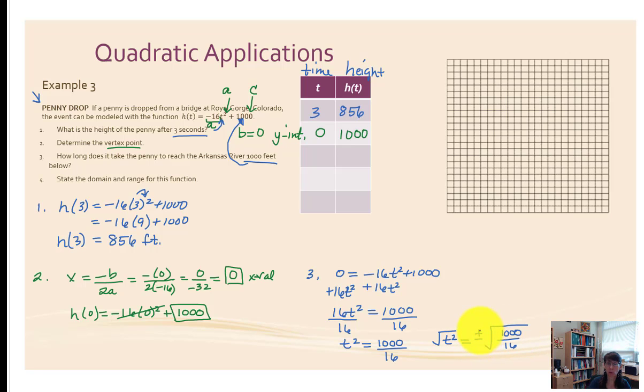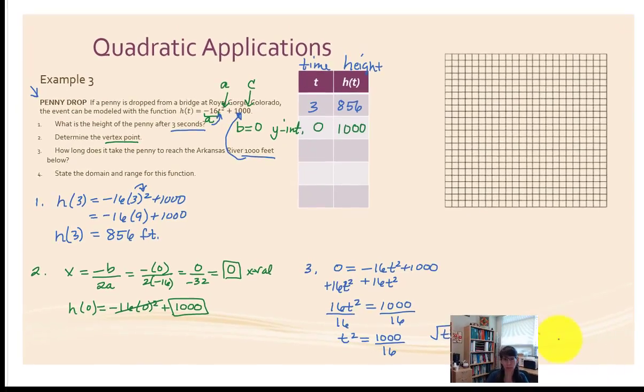Do we need to consider both of the roots? A positive root, that makes sense because time would have to be positive. But if we use the negative, that would be negative seconds. So we really don't need to use plus minus. Just the positive root would make sense here. Using our calculator, I'll take 1,000 and divide that by 16, and then use the square root function to get a decimal approximation.